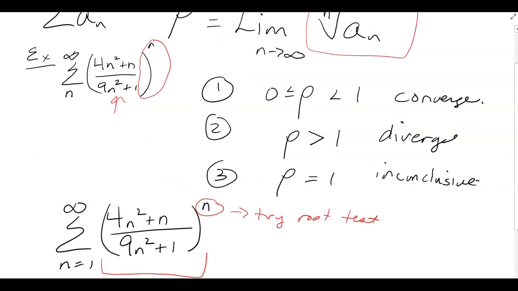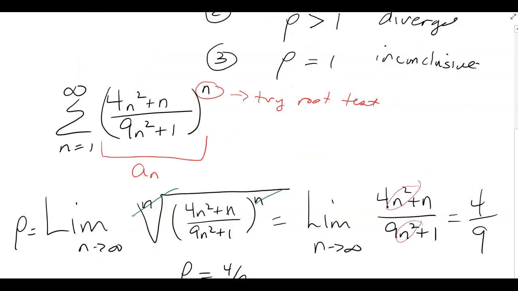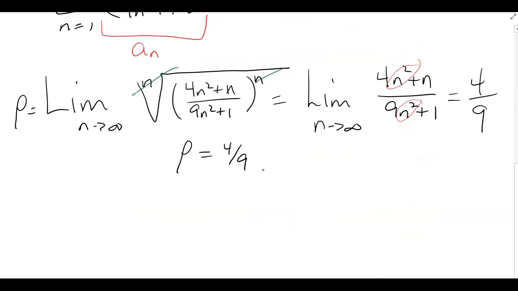And this is the part you have to remember. Because again, I gave you that paper. I uploaded it. You have that paper. It's a summary of all our tests. You have to understand, I took this limit. What does 4/9 mean? Well, 4/9 is between 0 and 1, so my series converges. All right.